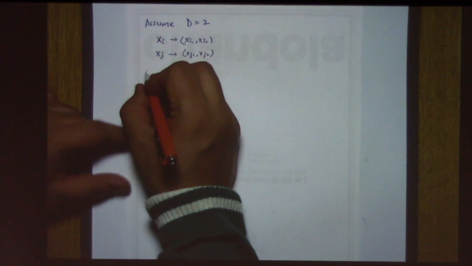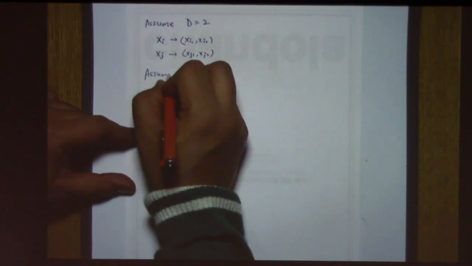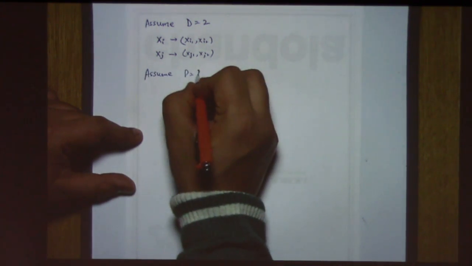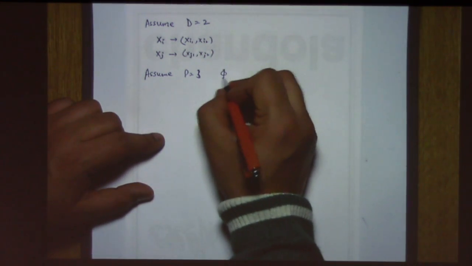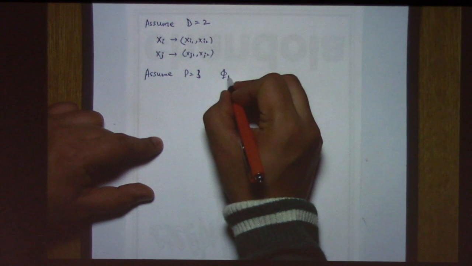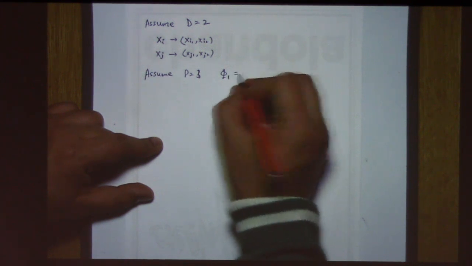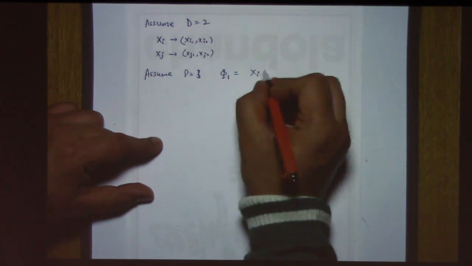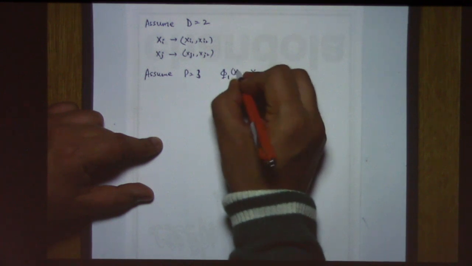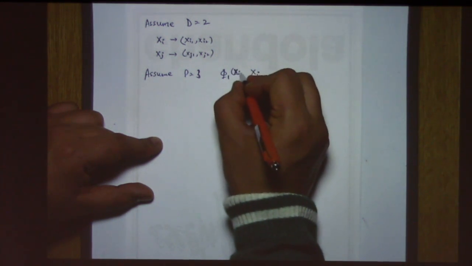Now you want to do this polynomial expansion, one specific form where we assume p equal to 3. P equal to 3 means you have three basis functions. So this function is going to apply on your x, let's say on xi.